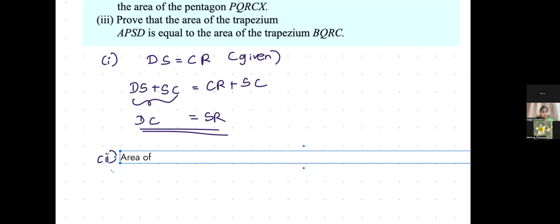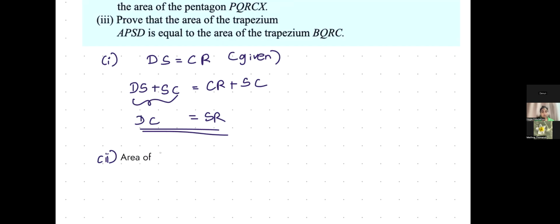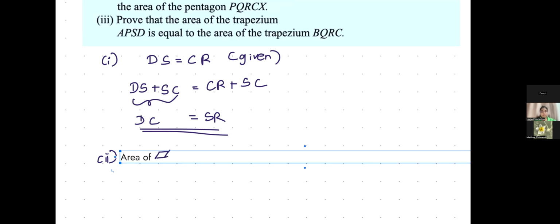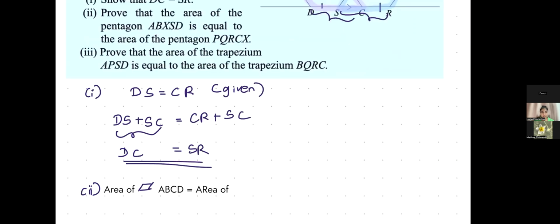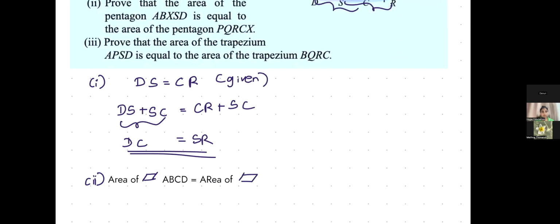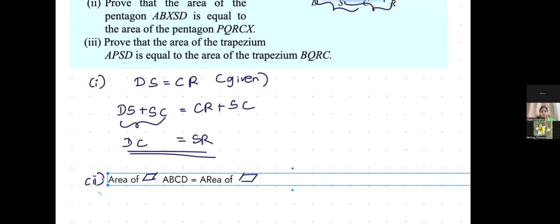Area of parallelogram ABCD is equal to area of parallelogram PQRS.